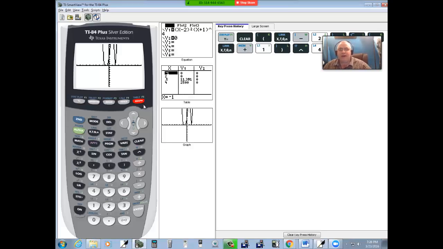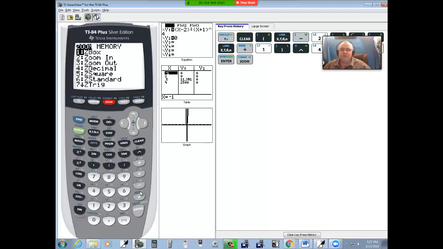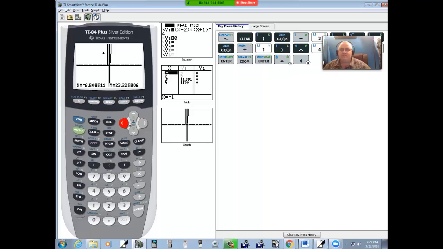If I were to zoom out, that's another zooming technique. If you press zoom and choose 3 for zoom out, and when it comes back, you press enter 1 time. Sometimes it gives you a good graph, sometimes it doesn't give you anything. This is horrible. But I could now do a zoom box. If I did zoom box, I press and hold down to move that up, and then I move to the left like that.